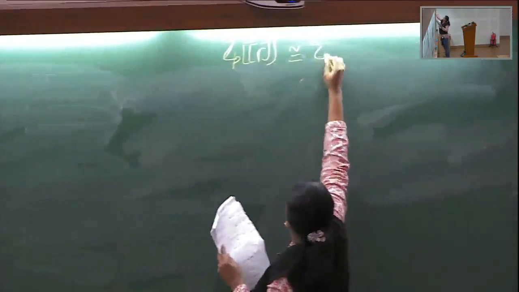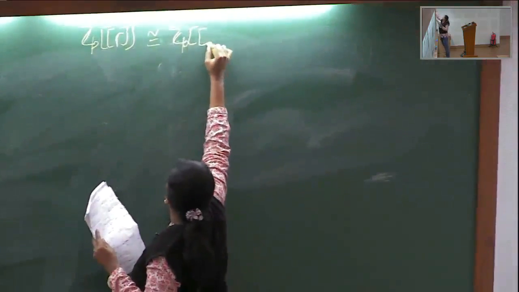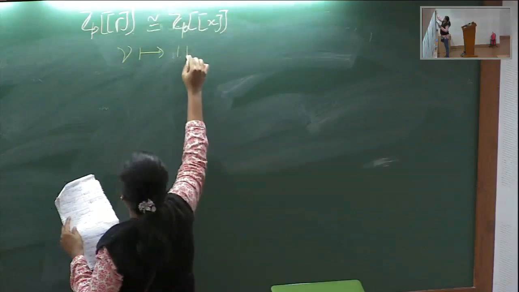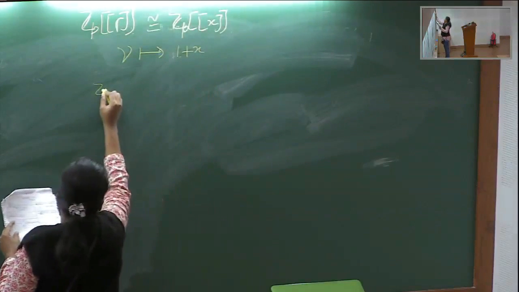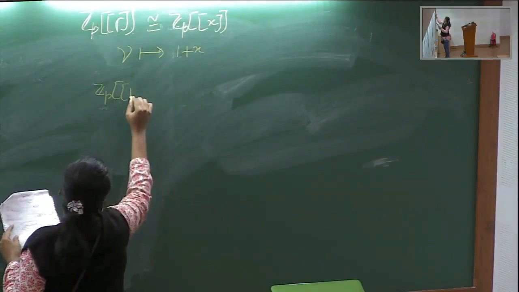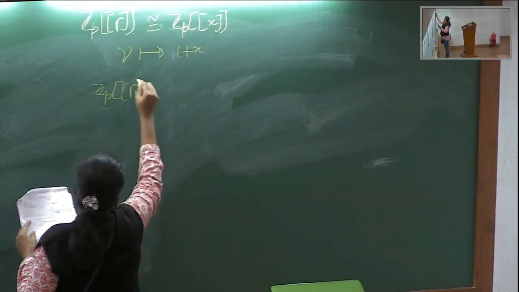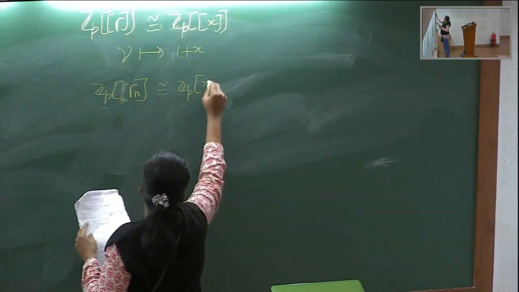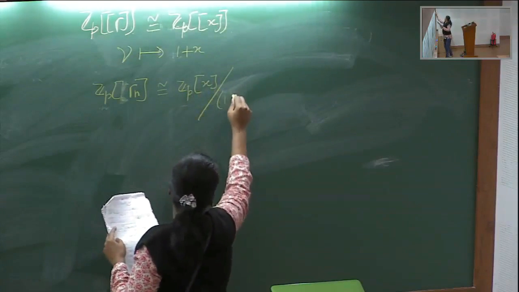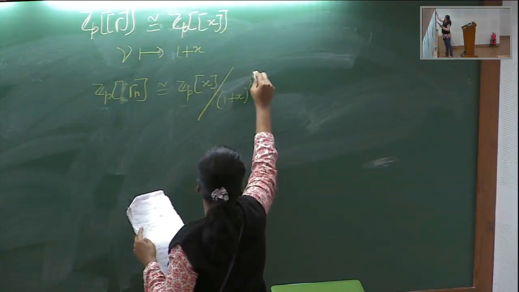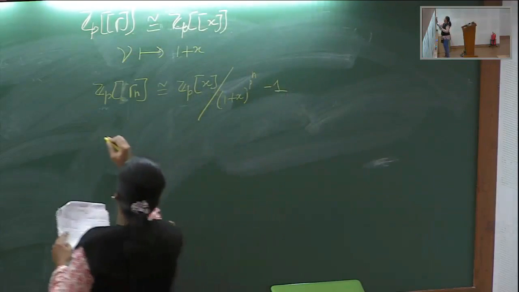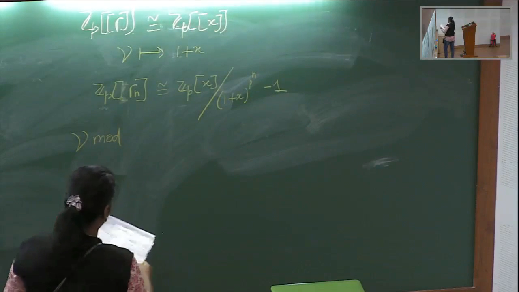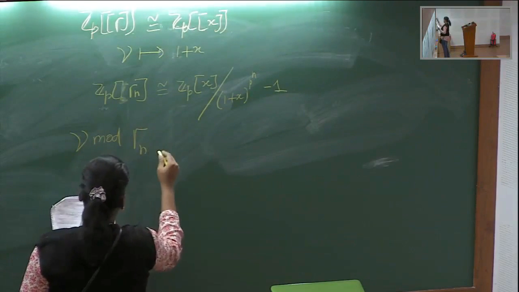This is isomorphic to almost 1 plus x. The isomorphism, this is mod Gamma_n.